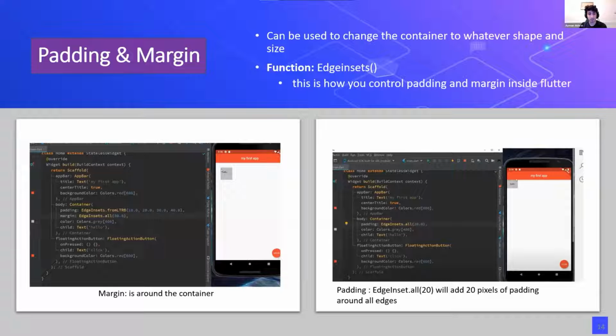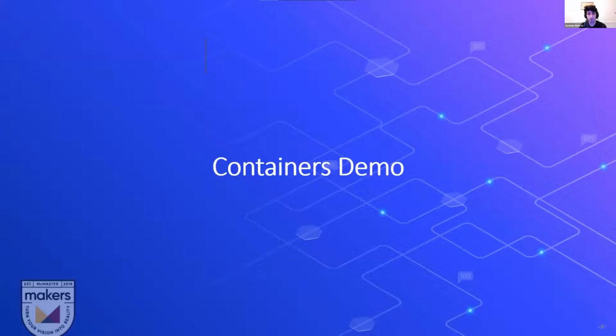So you can imagine like that, and then you can push out other elements from left to right and all directions to help position your app properly. The function usually used when you're using padding and margin is EdgeInsets. This is how you control the padding and margin.